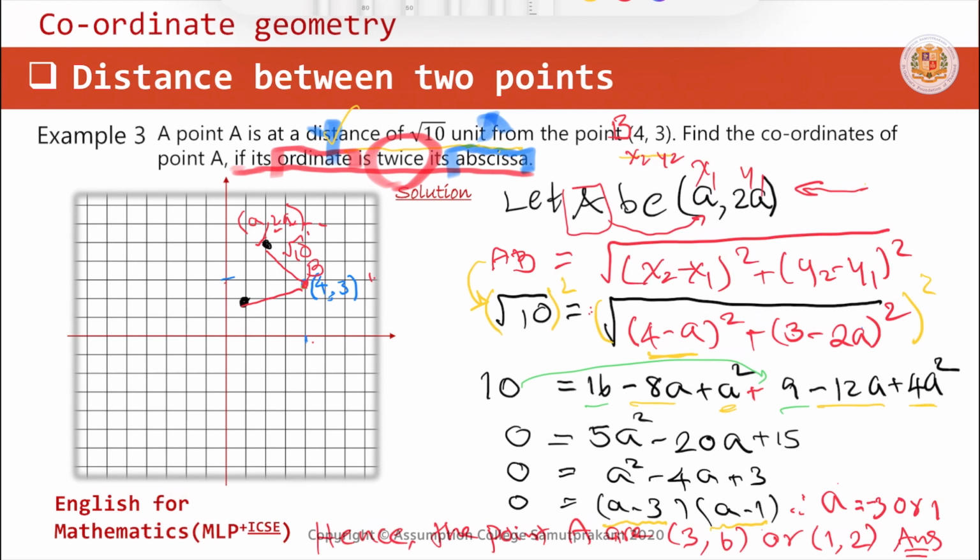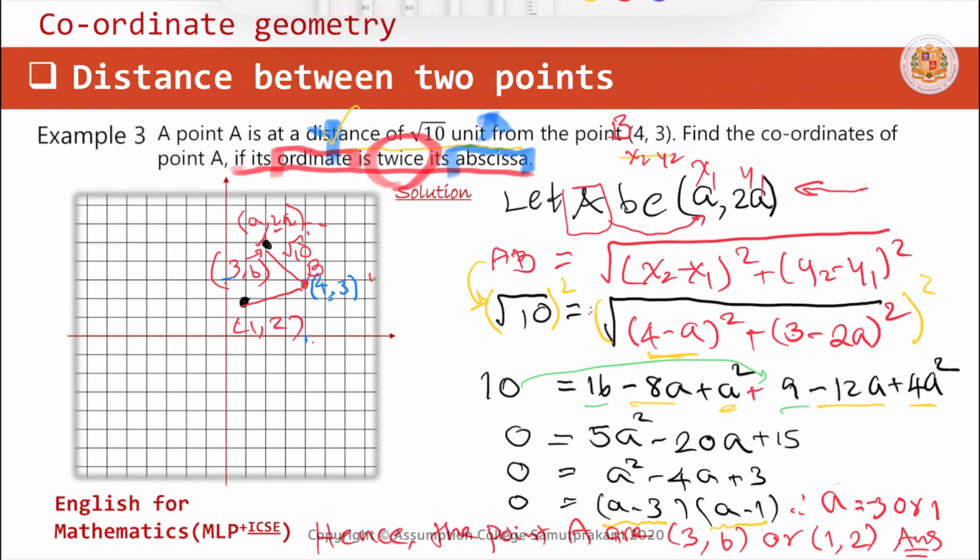So 1, 2 is here, and 3, 6 is there. Okay, so that's it for example 3.